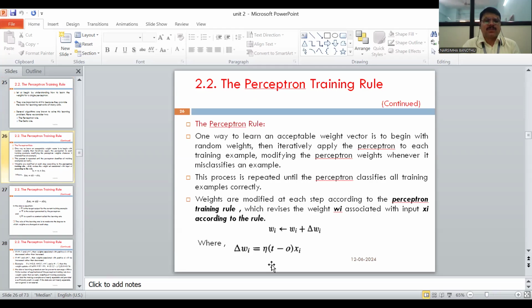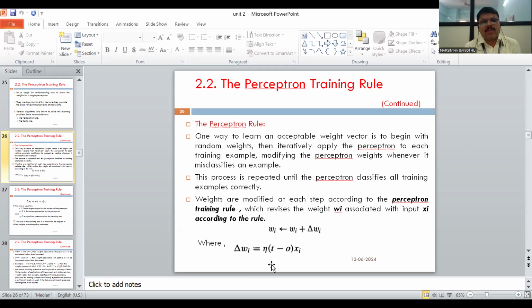To see the perceptron rule, one way to learn an acceptable weight vector is to begin with random weights, then iteratively apply the perceptron to each training example, modifying the perceptron weights whenever it misclassifies an example. This process is repeated until the perceptron classifies all training examples correctly.